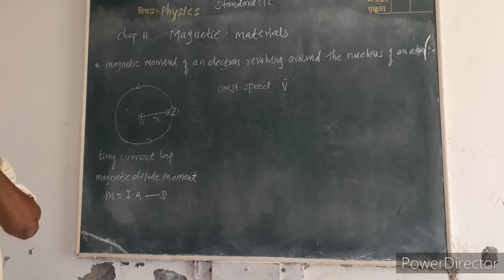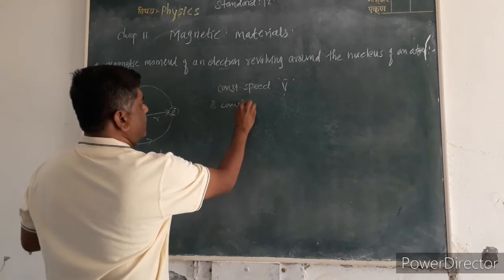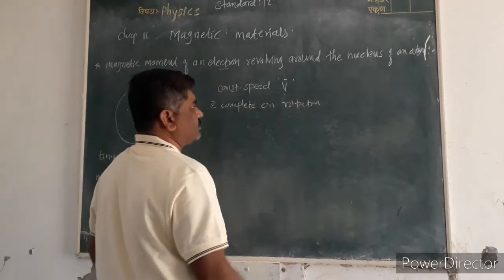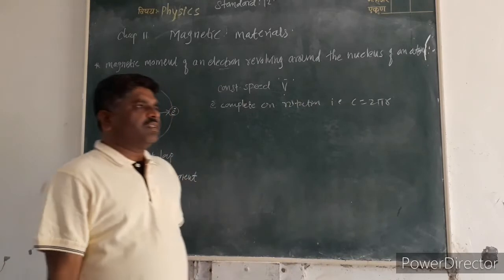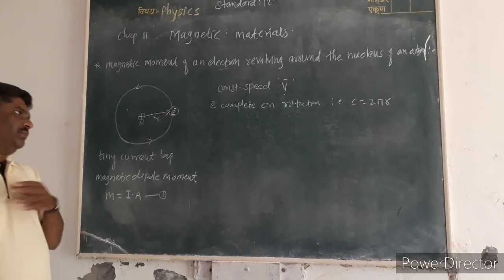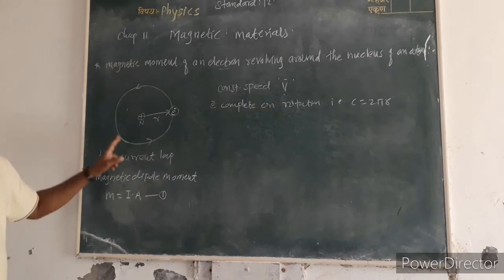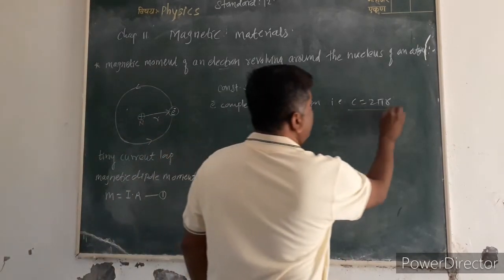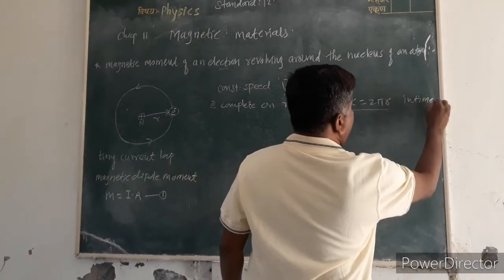This electron completes one revolution, or one rotation, that is, it covers a distance equal to the circumference of the circle, which is 2 pi r, in time, suppose t.